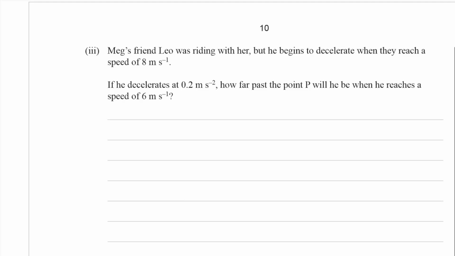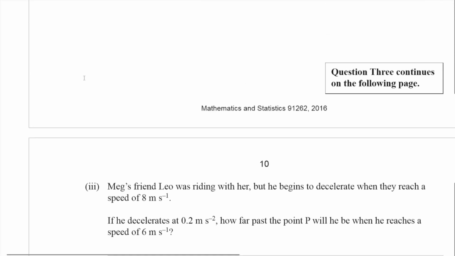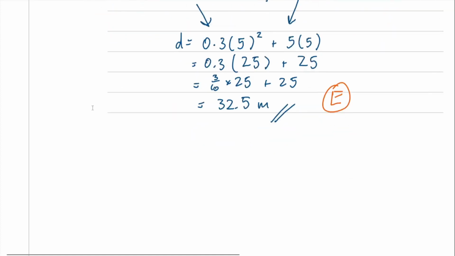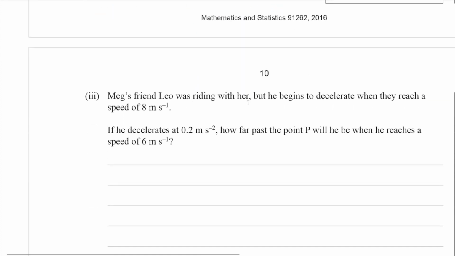Alright, where to begin? So let's just acknowledge that this is part 3 of the same question, which means some of the work we've done before will help us. Right, so namely, just how this is worded, Leo was riding with her up to the point before 8 meters per second. Or they were traveling 8 meters per second.